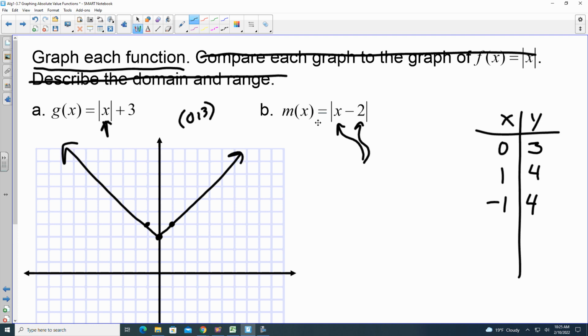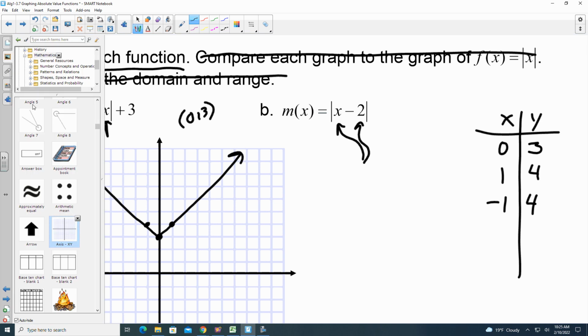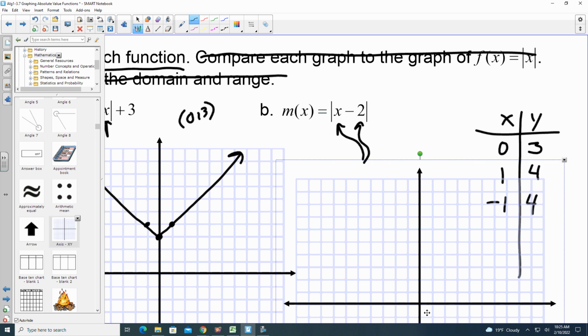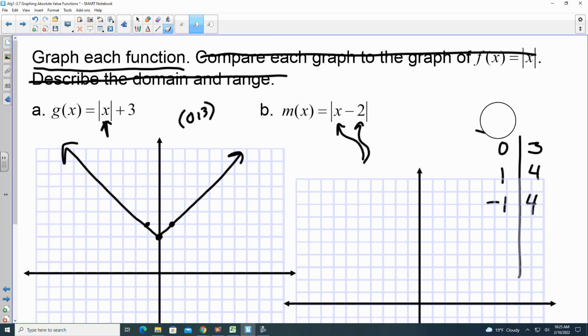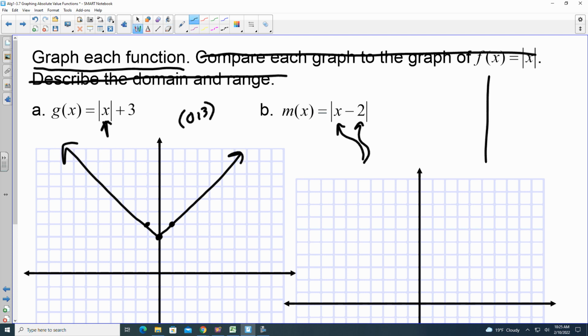Okay. Now, if I were to look at example B, it says x minus 2 is inside the absolute value.